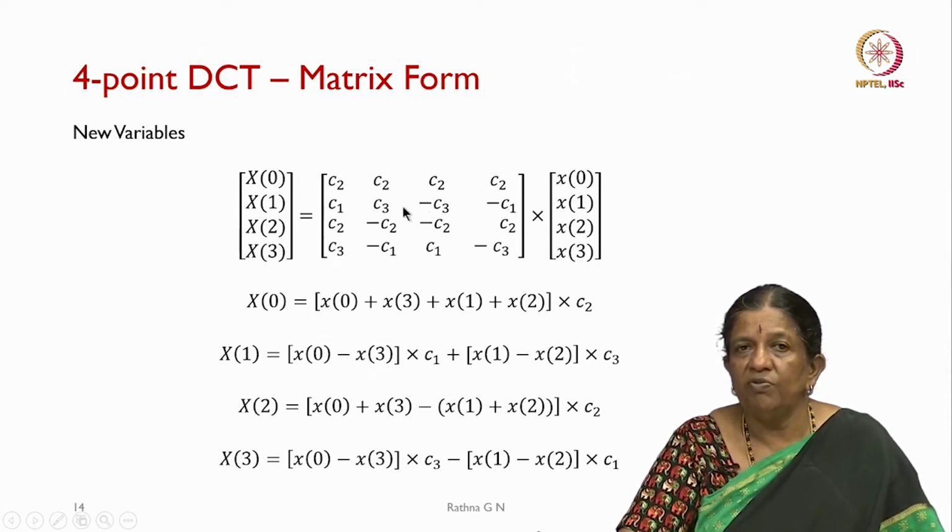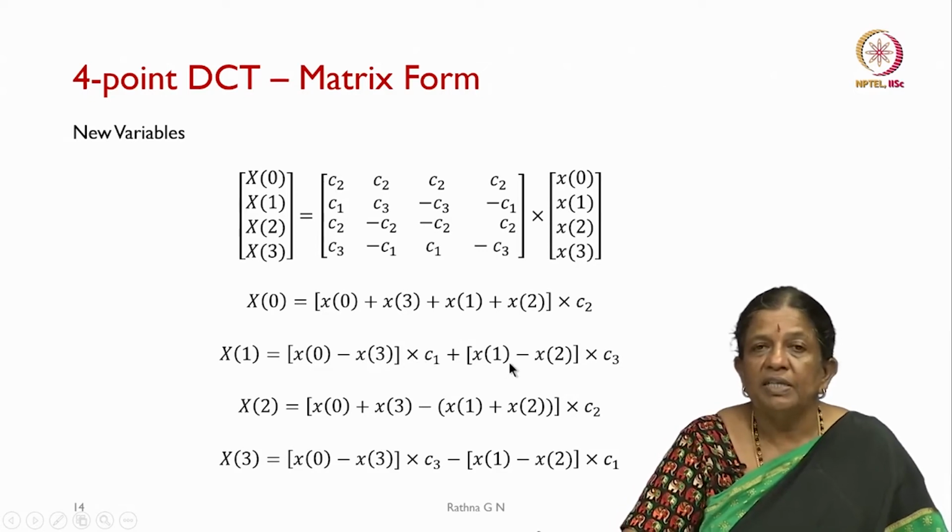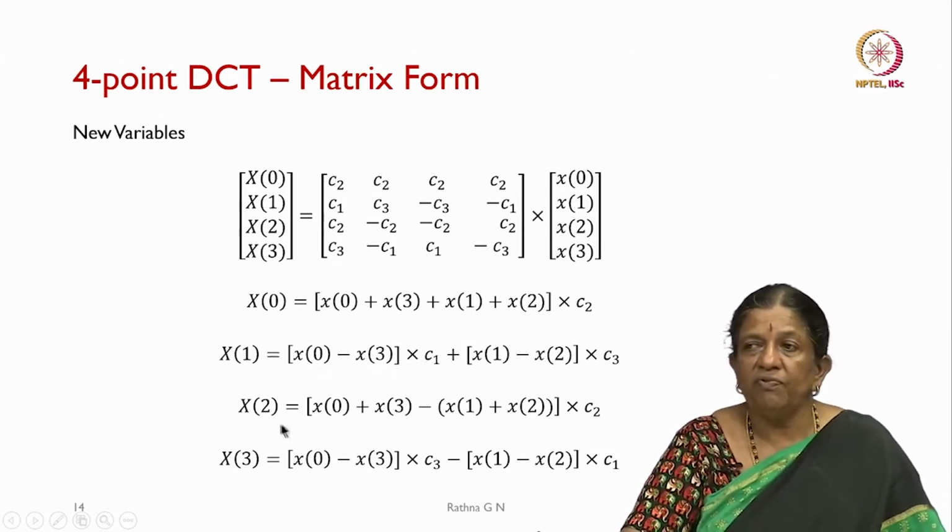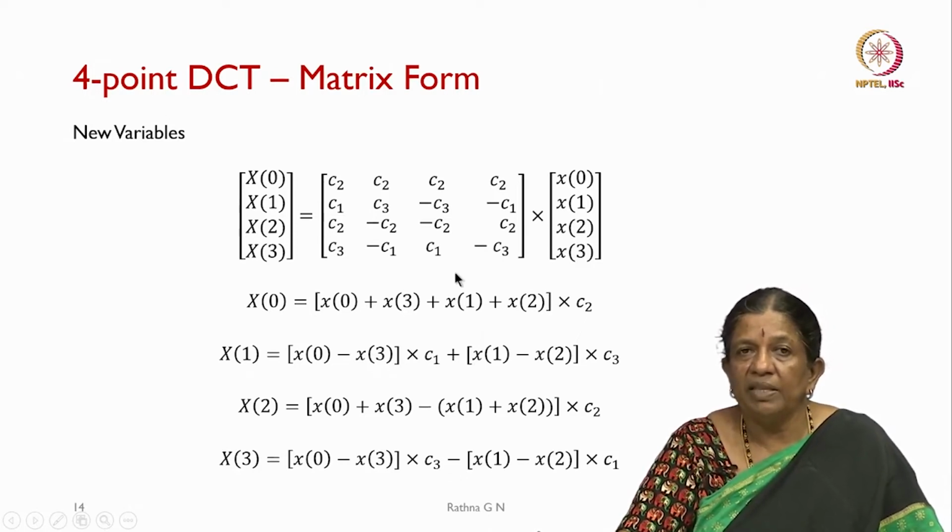So, our number of multiplications is going to reduce. So, it will be x0 minus x3, we will subtract this and multiply with one coefficient. Same way for the other. You will be seeing for x2 and x3 the same way, you can combine them.